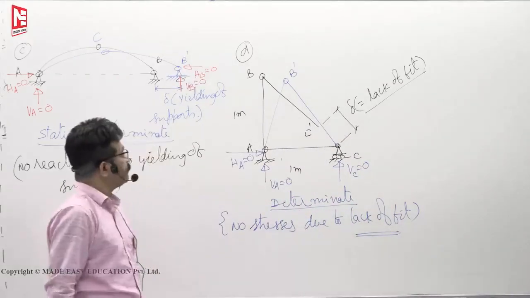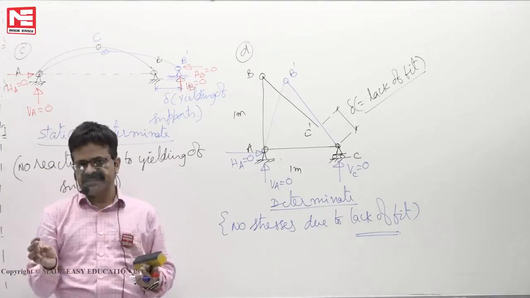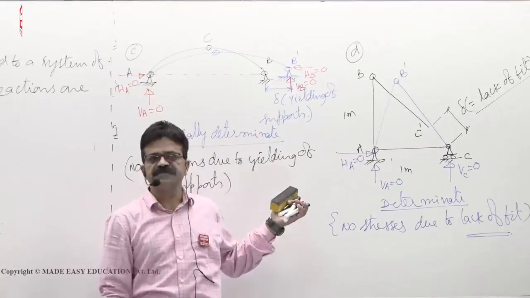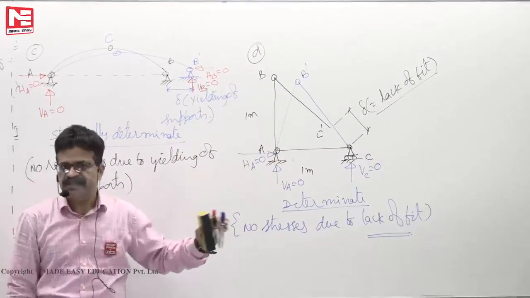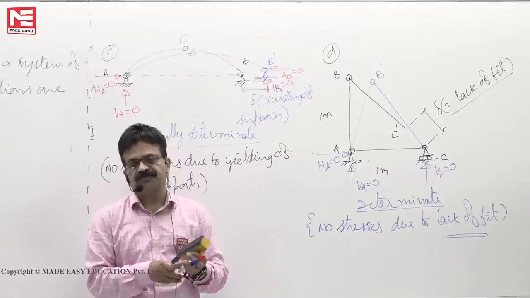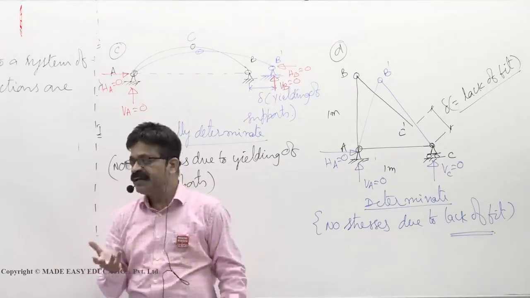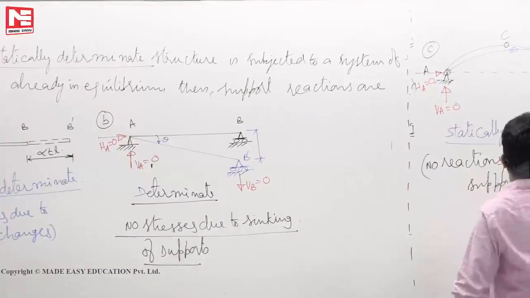That means there are four reasons we have seen: due to temperature change, due to sinking of support, due to yielding of support, or due to lack of fit. No stresses or no forces will develop in any part of the structure. Why? Because either rigid body translation or rigid body rotation will take place.